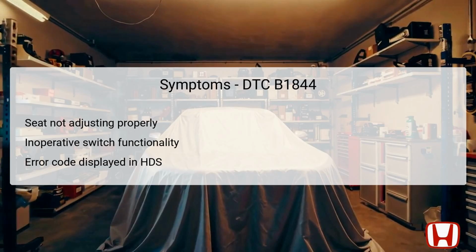Additionally, the switch itself may appear inoperative, which indicates that it is not enabling required movements of the seat. When using the Honda Diagnostic System, HDS, the DTC B1844 will be displayed, confirming the malfunction. Noticing these symptoms warrants immediate attention to ensure passenger comfort and safety in the vehicle.